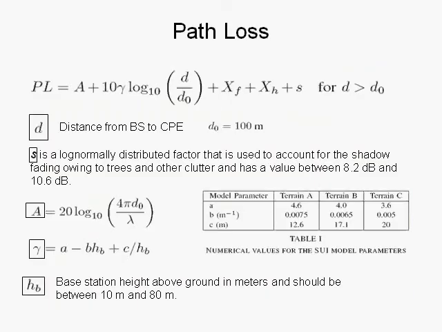For example, we will present details on path loss models. Here we're showing the Stanford University Interim model, and this is the macroscopic effect, that is the path loss from the base station to the subscriber, and we're showing how it depends on terrain, frequency, the base station height, the subscriber height, and other issues.